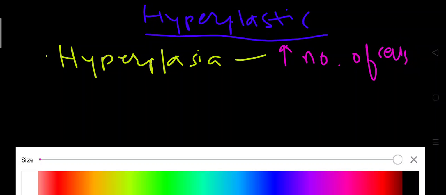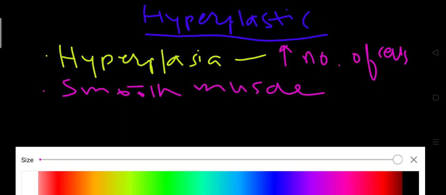So obviously in this type of arteriosclerosis there will be an increase in the number of cells of some kind, and due to this increase there will be hardening of the artery, because more cells will cause hardening. What kind of increase occurs here? The increase in number of cells is for smooth muscle. Smooth muscle cells are increased in number in this type.